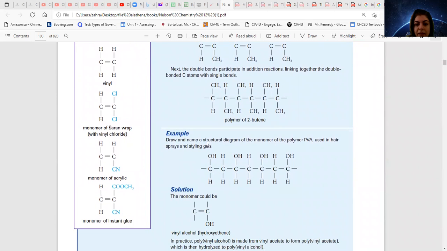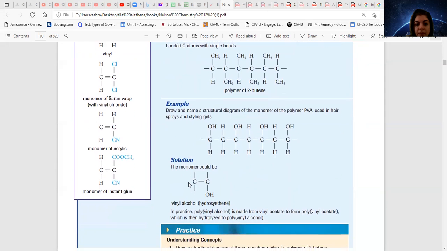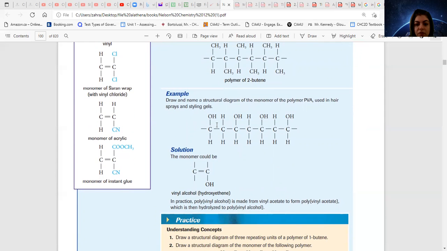So draw and name a structure diagram of the monomer of the polymer PVA using this. So of course, because this is the repeating unit, right? This is the unit that is repeated itself. Right? The one that has OH in it, yeah. This is the repeating unit. Of course, the H and OH can be broken, get out, and you can have a double bond with oxygen.